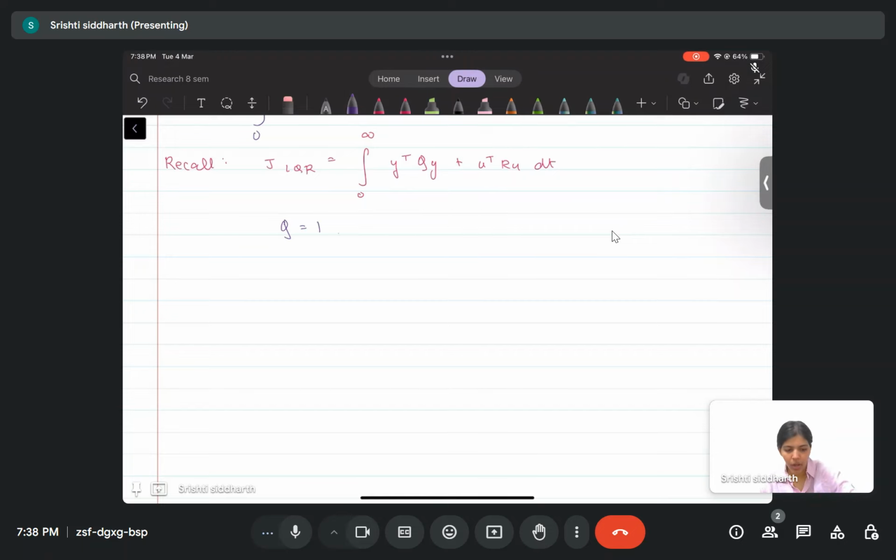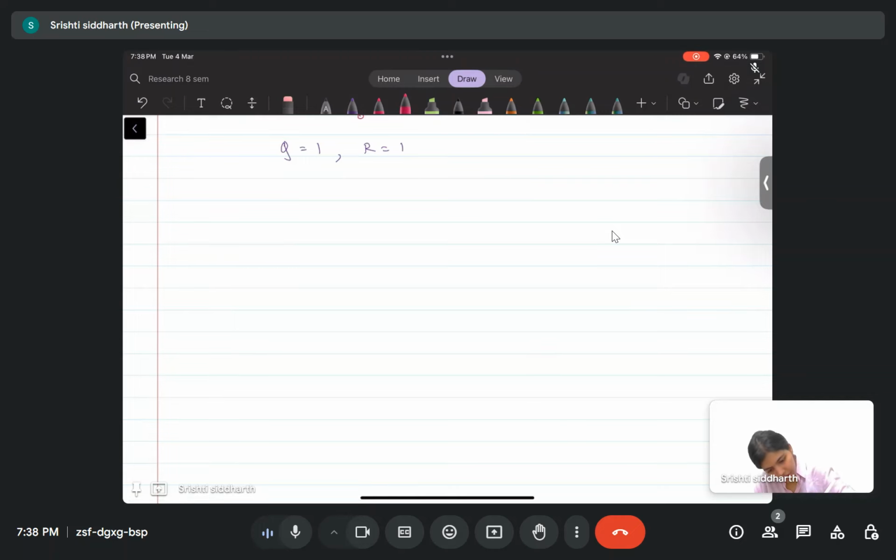We have Q as a scalar 1, R as a scalar 1. And then we have the algebraic Riccati equation, ARE, which is A transpose P plus PA plus C transpose QC minus P B R inverse B transpose P equals 0.